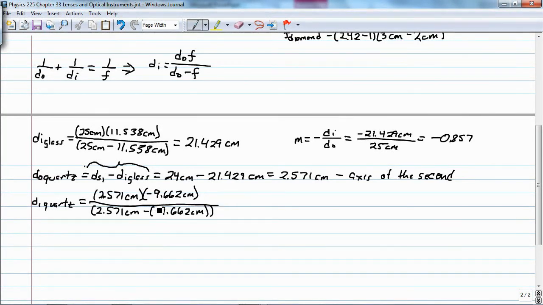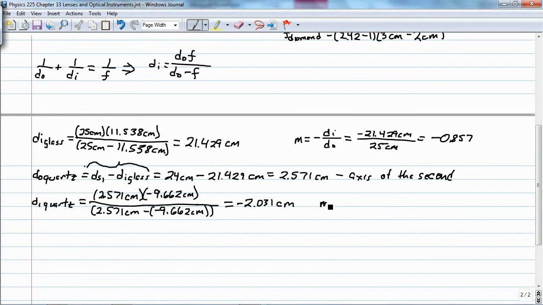Remember to keep that focal length correct with our sign here. So we have minus, and then we're going to have a minus a focal length. And that distance will give us negative 2.031, and that's centimeters.